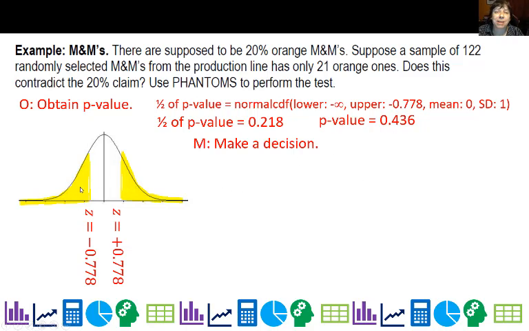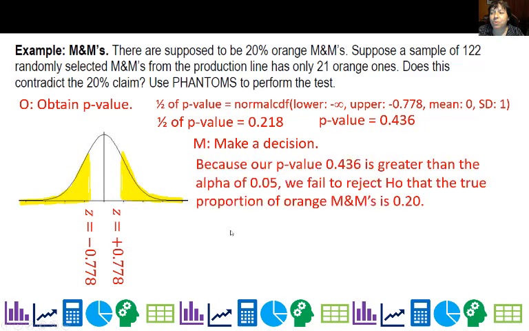It doesn't seem that uncommon to be that far away from the parameter for orange M&Ms. So we're going to say, because our p-value of 0.436 is greater than the alpha of 0.05, we fail to reject H0 that the true proportion of orange M&Ms is 0.20.